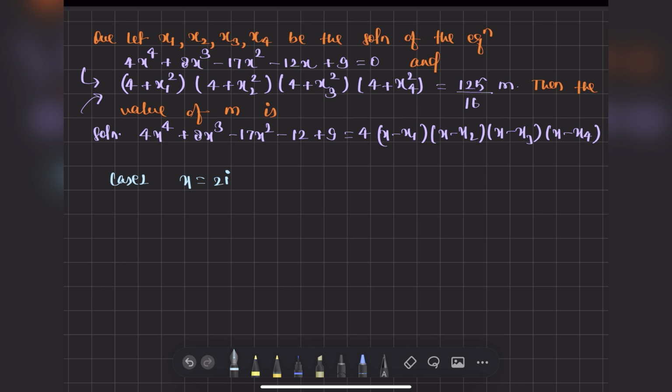We'll substitute everywhere. Now 4 times 2 power 4, that is 16 iota power 4. I'll tell you the values of iota later.